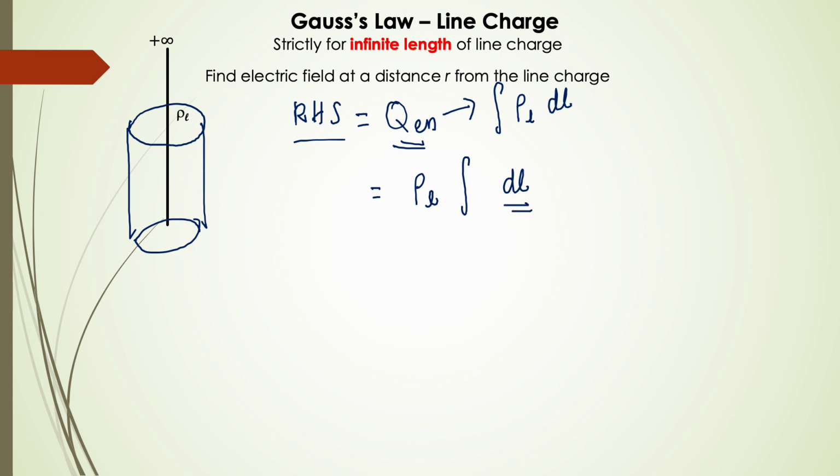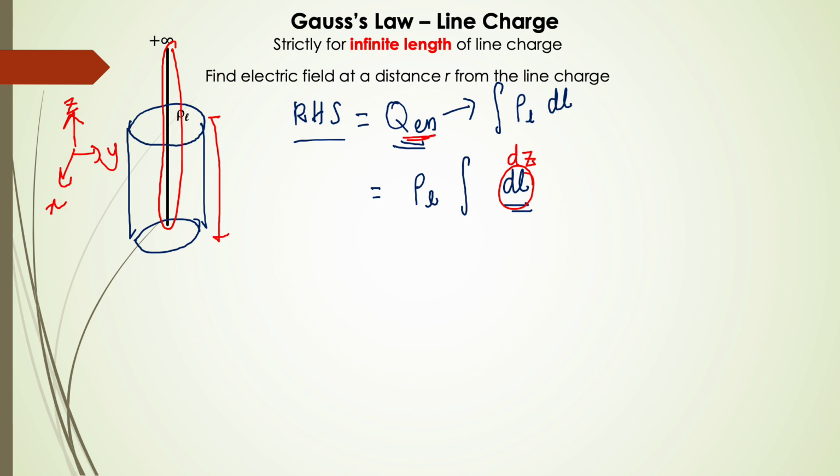Our dl now, it should be in which direction? We can see the source now lies in what direction? Z, X, Y. It lies on Z direction. So instead of dl, we can write it as dz. What are the limits? The limit just now, we know it must be enclosed.